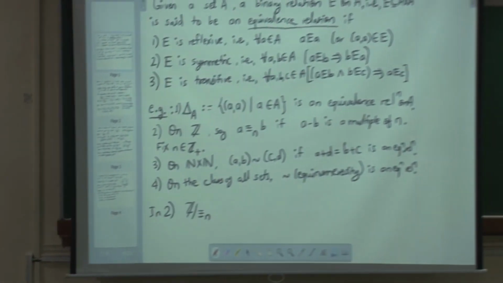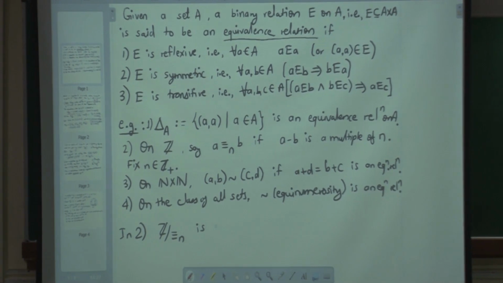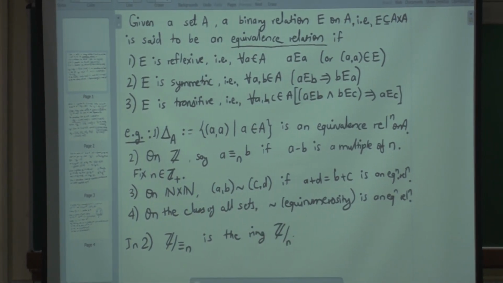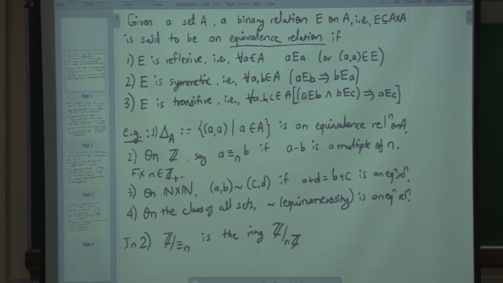Okay, let's go back to the first one. So here in 2, Z mod n is the ring Z mod nZ. Have you seen this notation? How many elements does it have? n, not n minus 1.